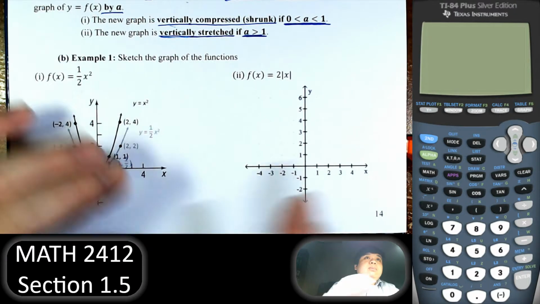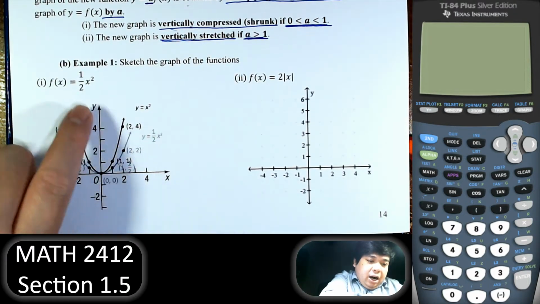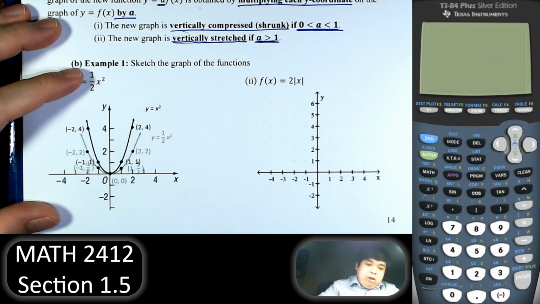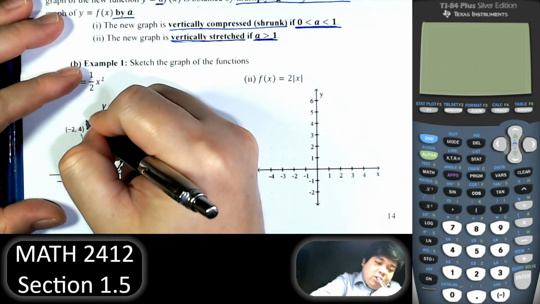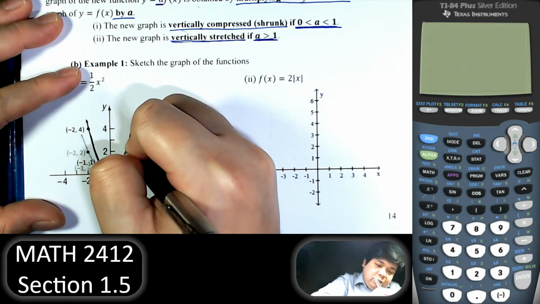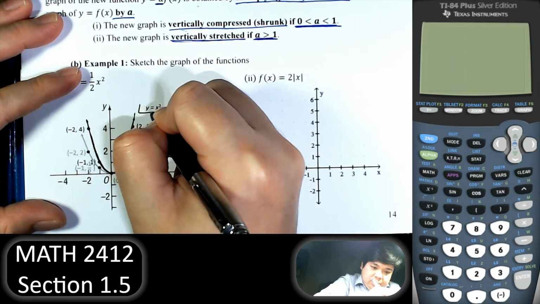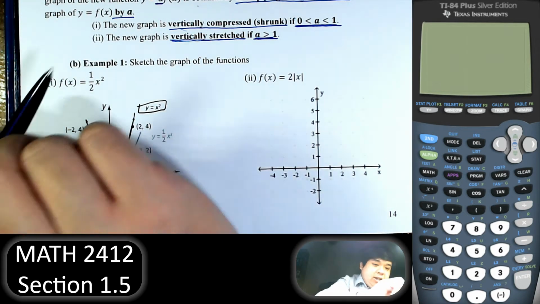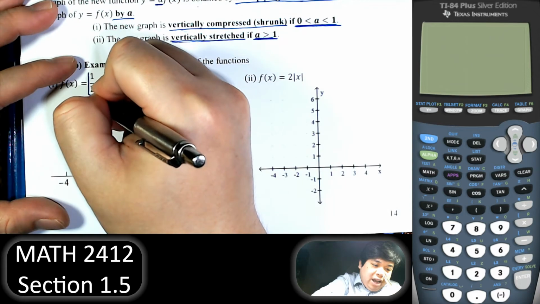Right. So look at this example. Consider the graph of f of x equals 1/2 x squared. First of all, the basic graph is y equals x squared, a parabola. So we graph the parabola. And then we multiply the 1/2 into it.